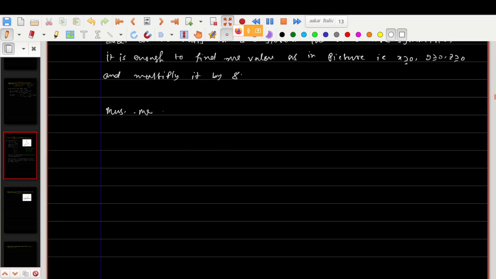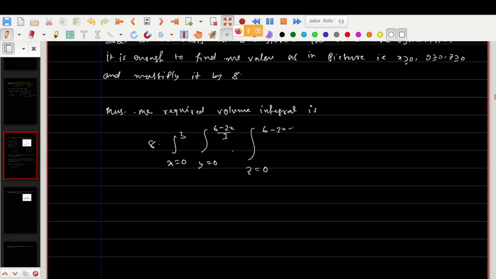So the required volume integral is 8 times, x equals 0 to 3, y equals 0 to 6 minus 2x by 3, and z equals 0 to 6 minus 2x minus 3y.